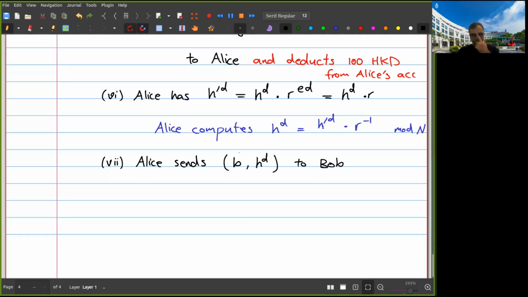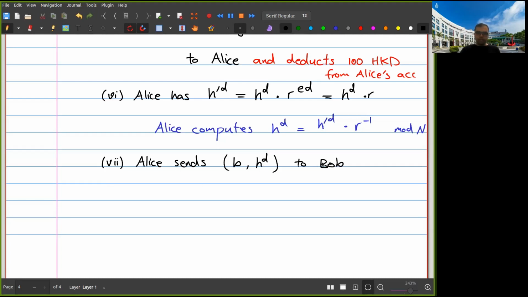So remember, this is the original banknote that also has a serial number in it, but the serial number was just a large random number that was chosen by Alice. And this is a signature of the bank on the hash of this banknote. Now, the bank has never seen this signature before, but it's a valid signature of the bank. So anyone can verify that this is really a valid signature of the bank.